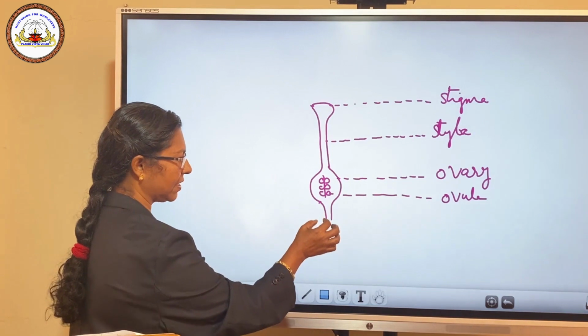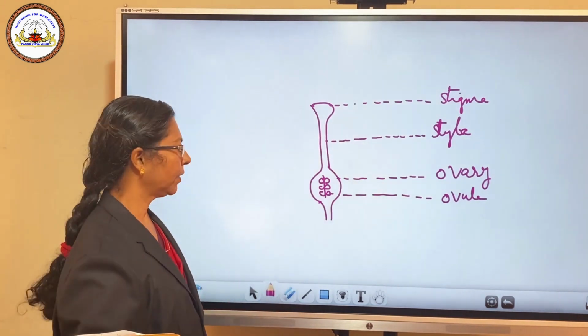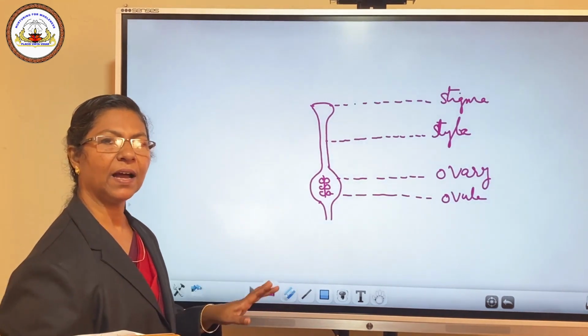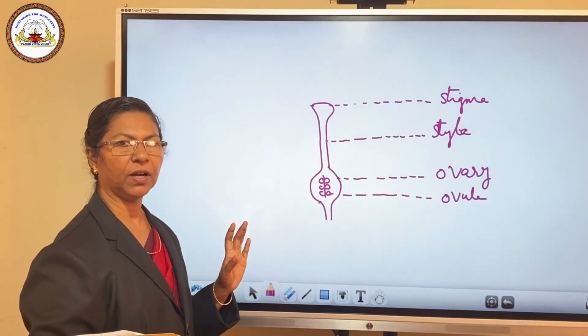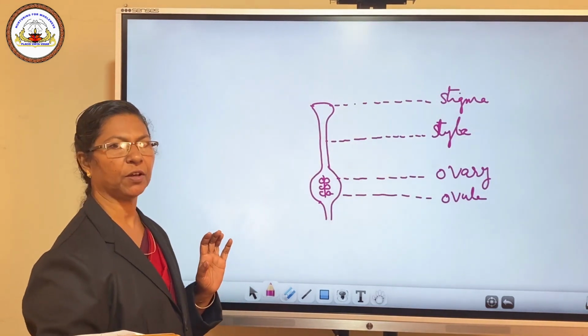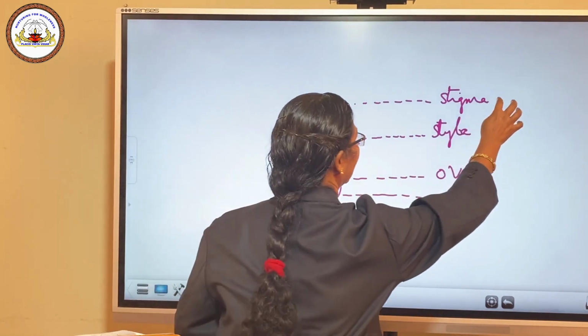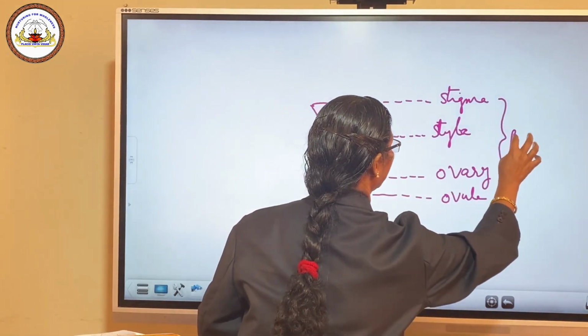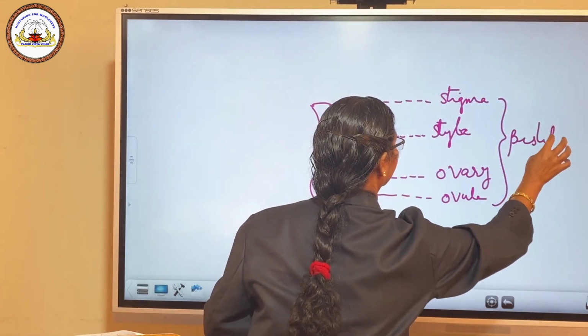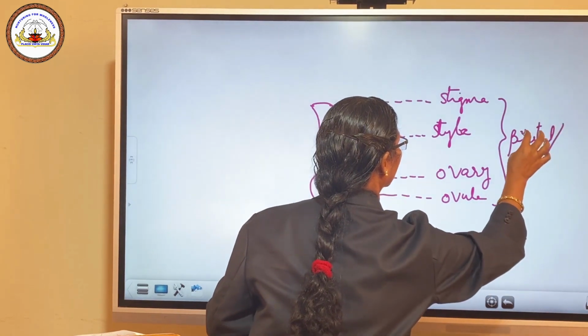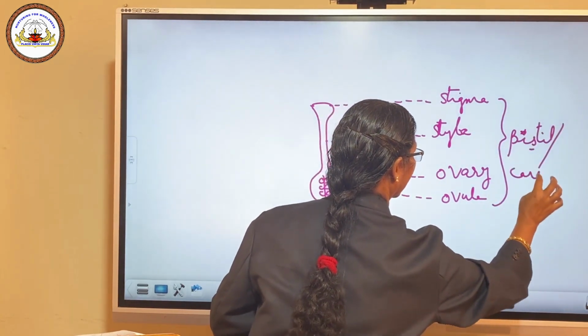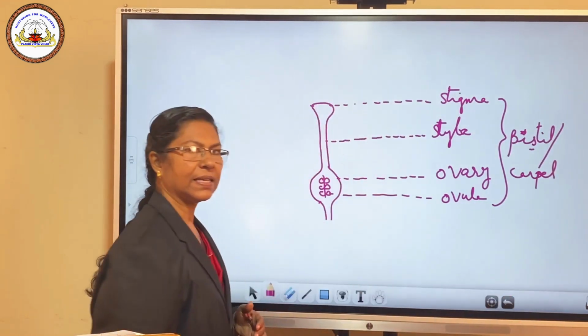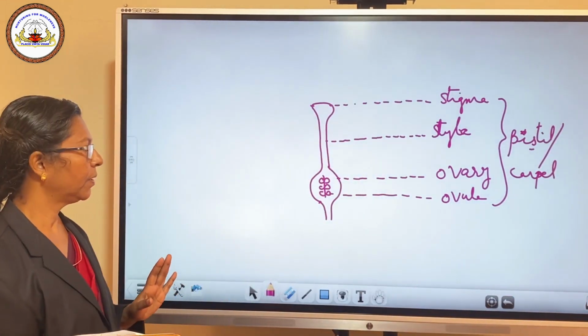And this portion, the stalk of that flower, is known as pedicel. So this much portion is the female part of a flower, the innermost part, and it is known as pistil or carpel.